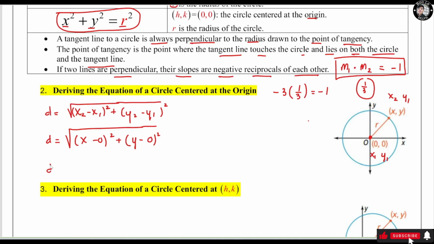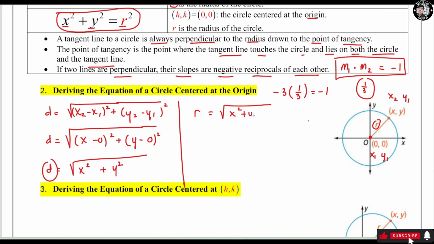It's going to be d equals the square root of x squared plus y squared. D in this expression is going to be the radius, so radius equals the square root of x squared plus y squared. Now I'm going to square both sides, so r squared equals x squared plus y squared. So I'm going to swap this one. It could be x squared plus y squared equals r squared. This formula has been proved.